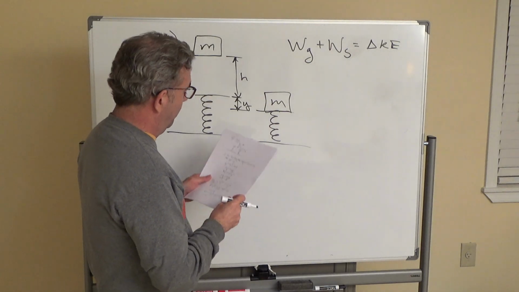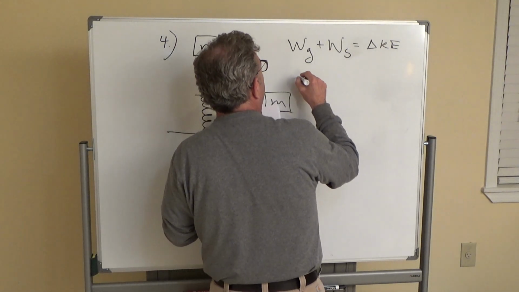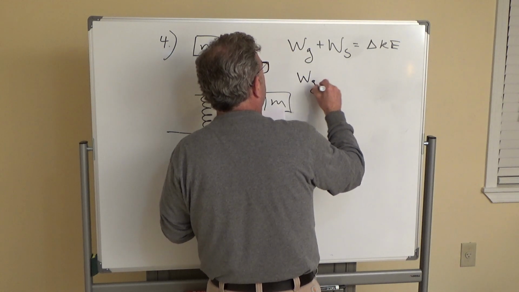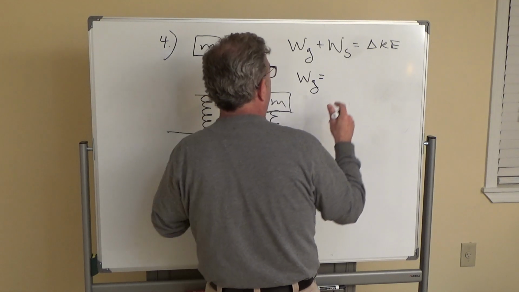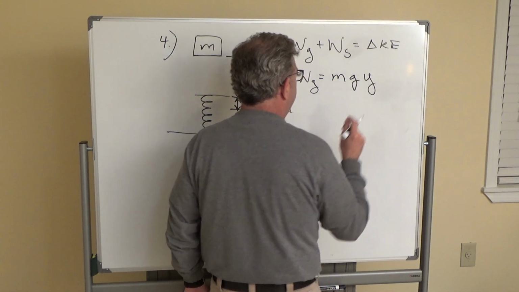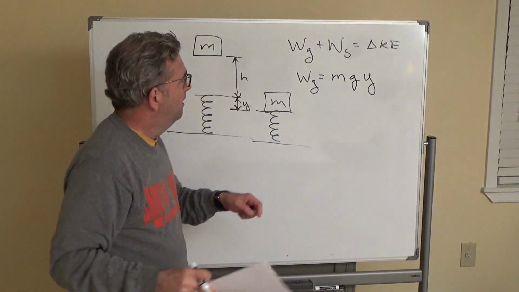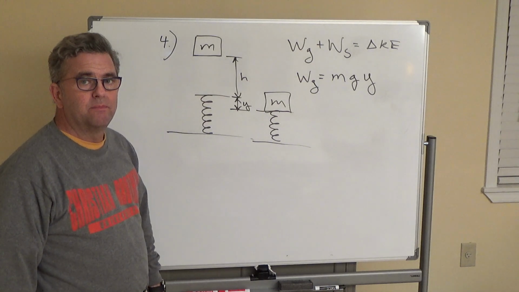So the work done by gravity is equal to mgy. Okay, let me say something about that. That's after contact, okay?